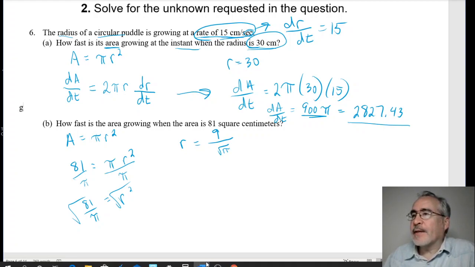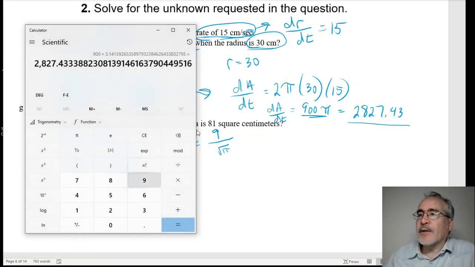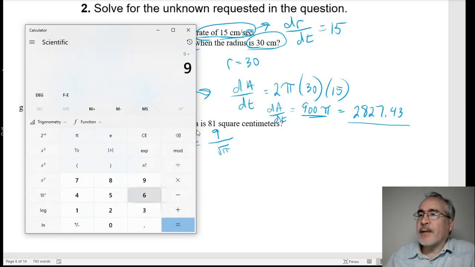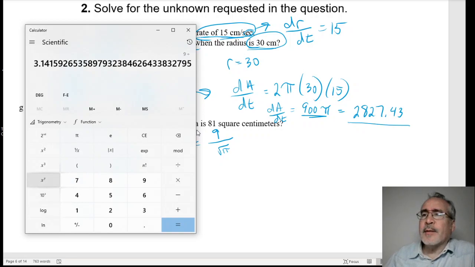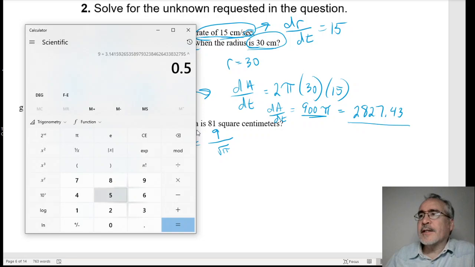And we can go ahead and figure this out, and we will probably need to plug in that r. So we're going to have 9 divided by pi, and to do a square root, I'm going to raise pi to the 0.5 power.